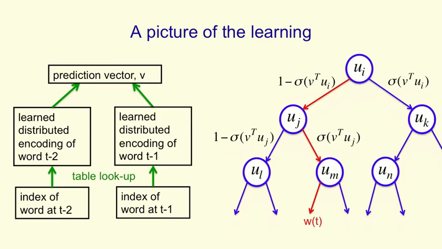What we know is that we'd like the probability of predicting that word to be as high as possible. And so we'd like the probability of taking that path to be as high as possible. So we'd like the product of the probabilities on the individual elements of that path to be as high as possible. And that means we'd like the sum of their log probabilities to be high.